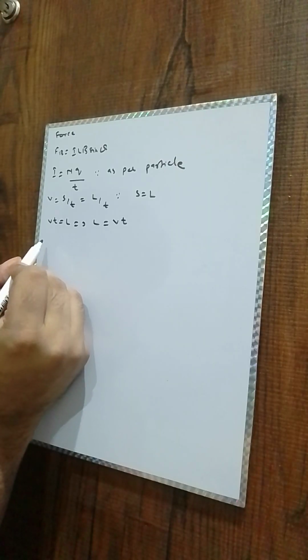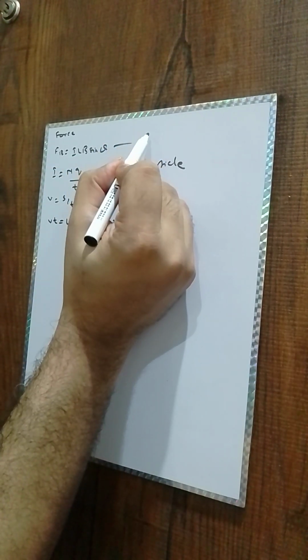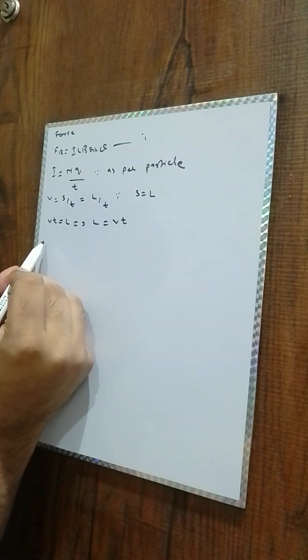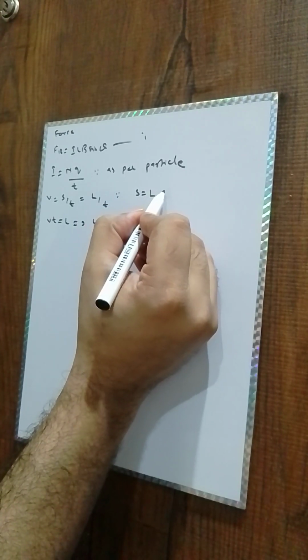So this is the basic version, and now we substitute I and L with Q by T and Vt.